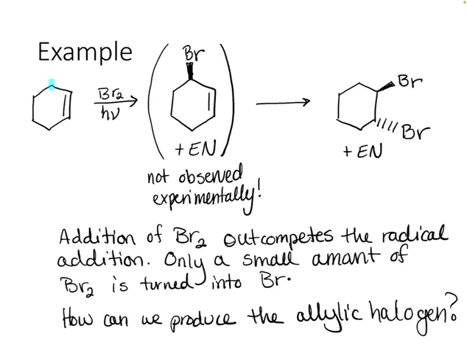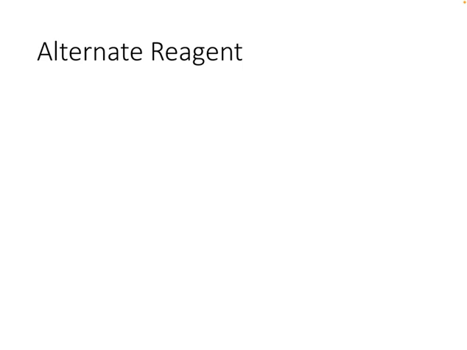Because what if we do want to add a bromine to the allylic position? We can't do it this way because Br2 is just going to add across the double bond in a typical addition reaction. So there is a way to get that middle product there, that one that we don't observe experimentally using Br2. We're going to use an alternate reagent.